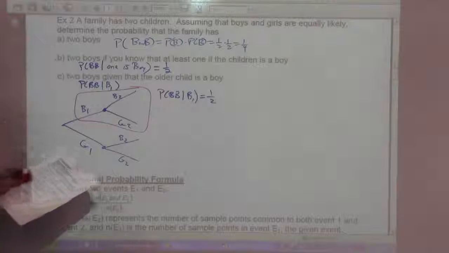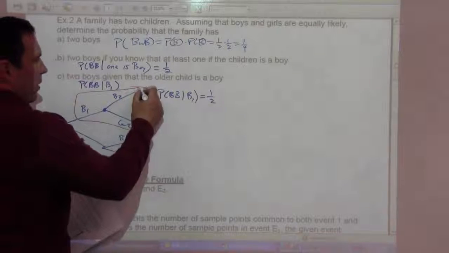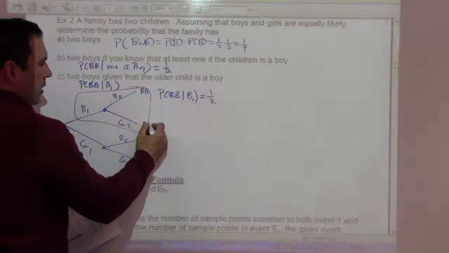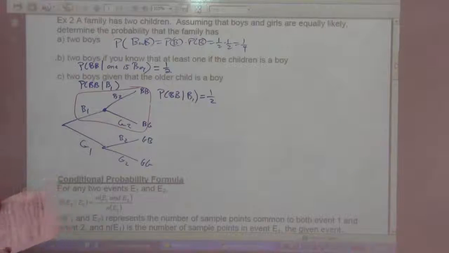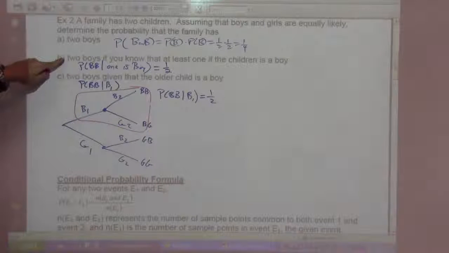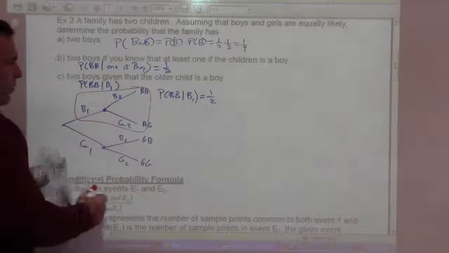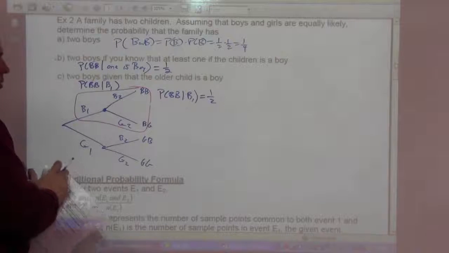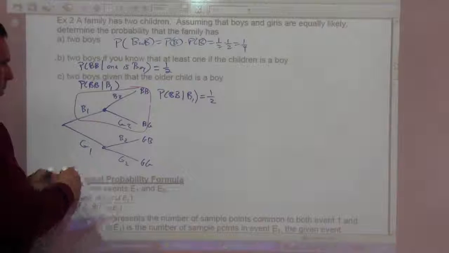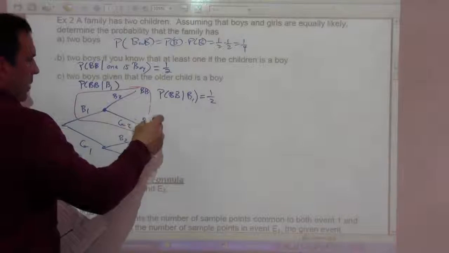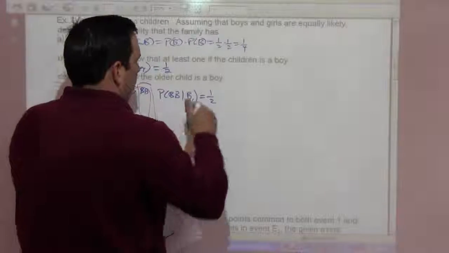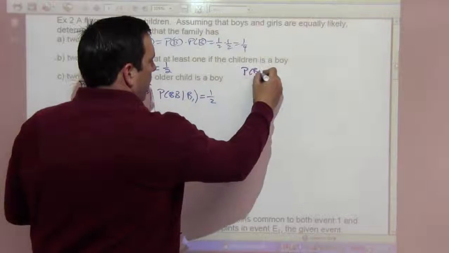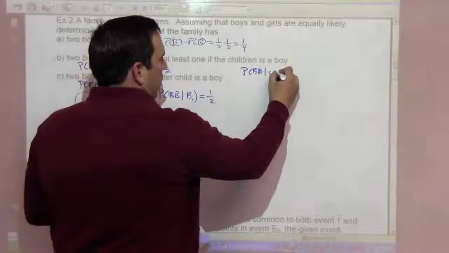Now earlier we saw, if you want to look at these cases, we have BB, BG, GB, GG. Part B says 2 boys if you know that at least one of the children is a boy. Okay, well, probability of 2 boys, given we know that one is a boy. That's actually these 3 right here. So I probably should adjust this. Probability of boy, given that one is a boy.